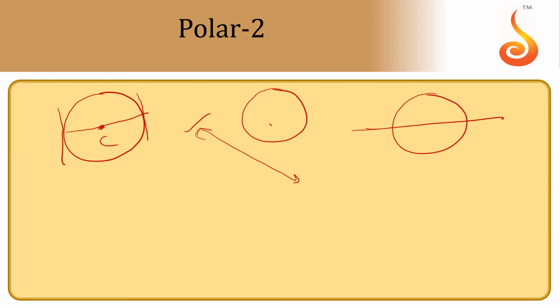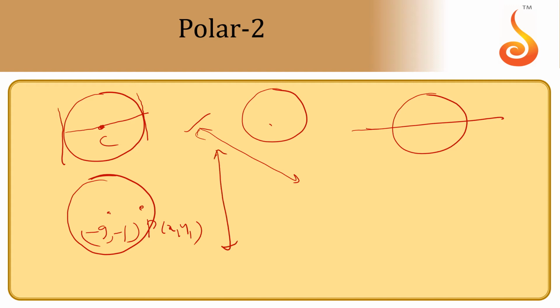Now, suppose you take a circle x² + y² + 2gx + 2fy + c = 0. You know that center is (-g, -f). Now let us take a point P(x1, y1). Since it is inside, polar lies outside, we took. So what is the equation of polar?